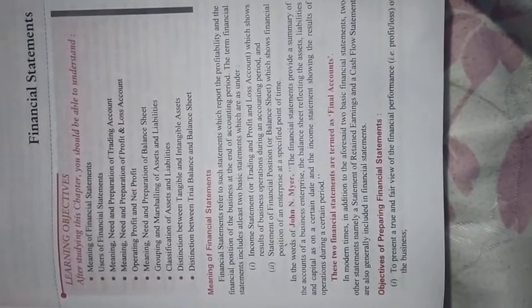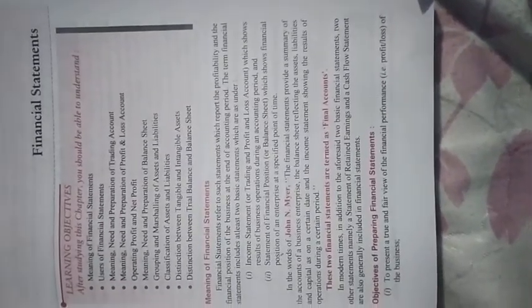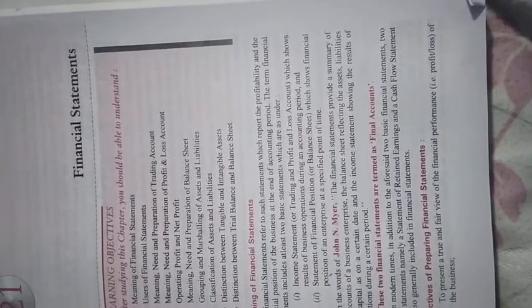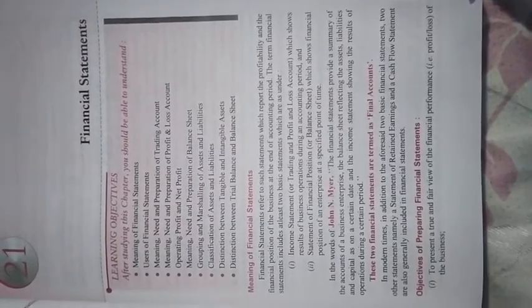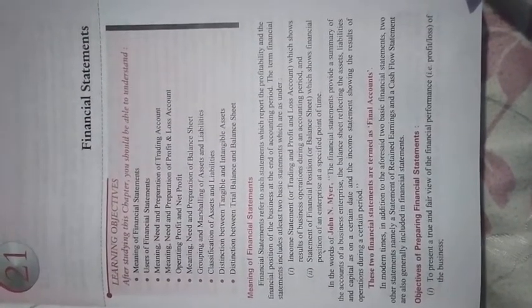Okay, so in this chapter financial statement, three accounts need to be prepared. Those are the trading and P&L account, which show the profitability of the business unit, and the balance sheet, which shows the financial position of the business unit.